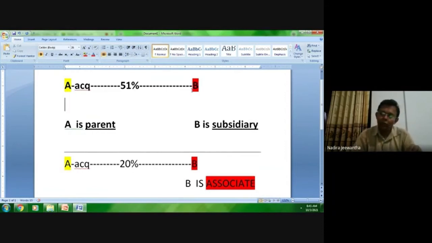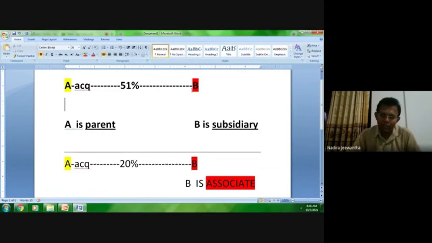When you merge, the existing companies are no more. That's the difference between merger and acquisition. If it is an acquisition, the acquirer and the acquiree, all the companies, keep existing.